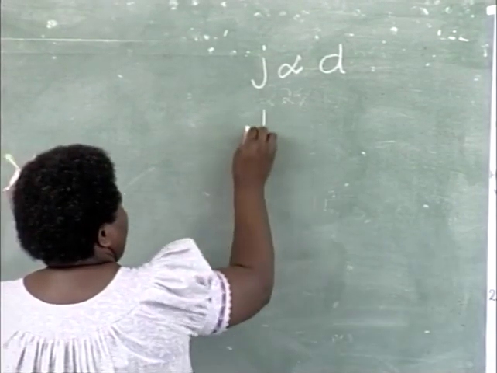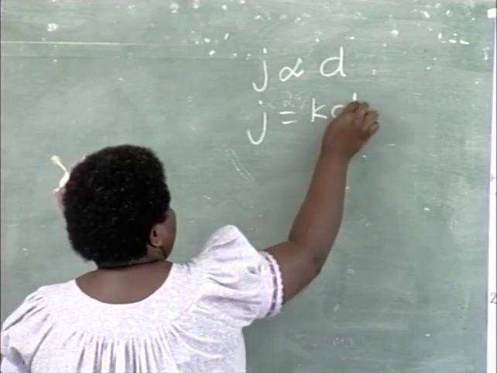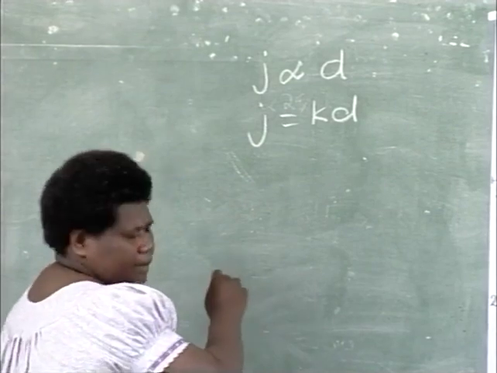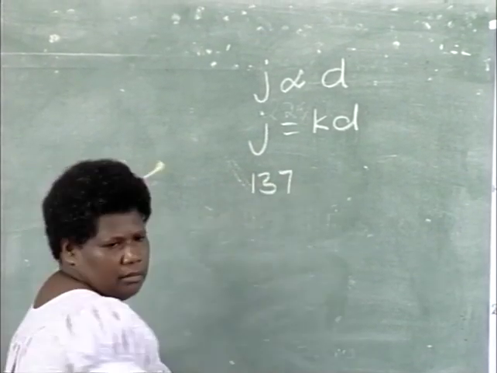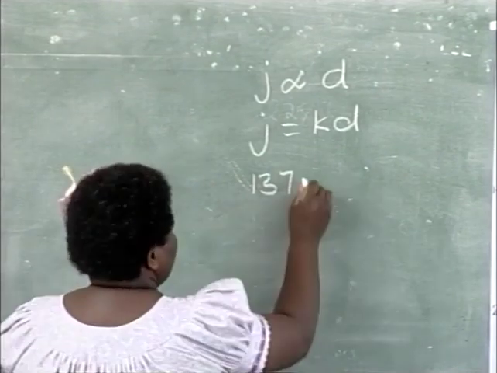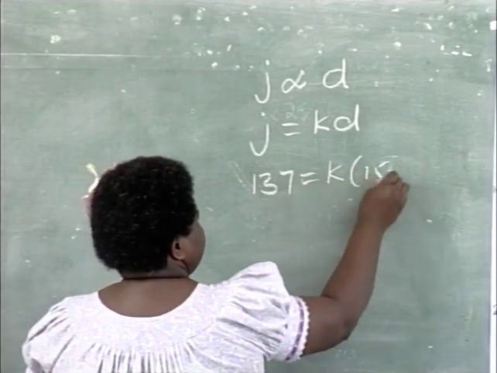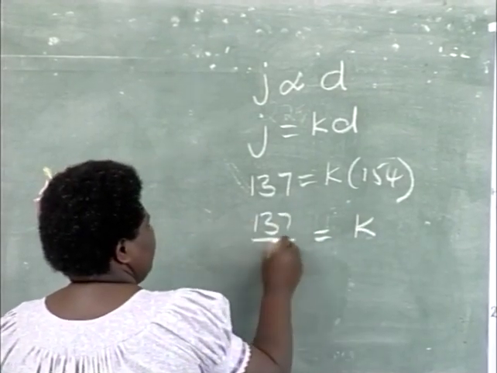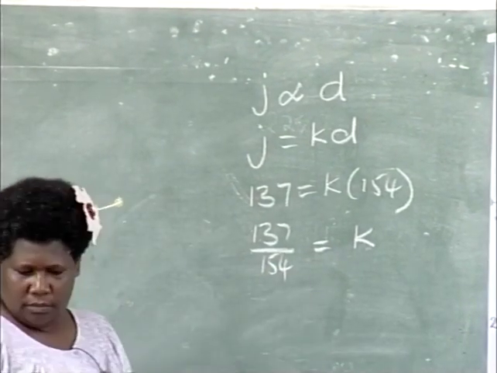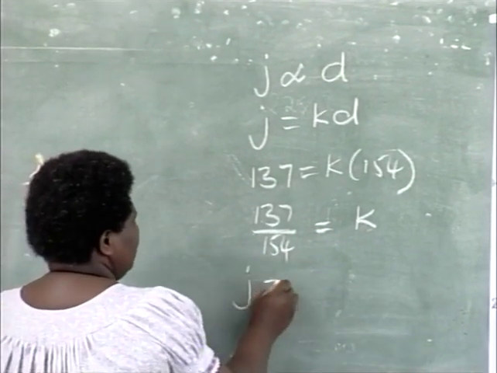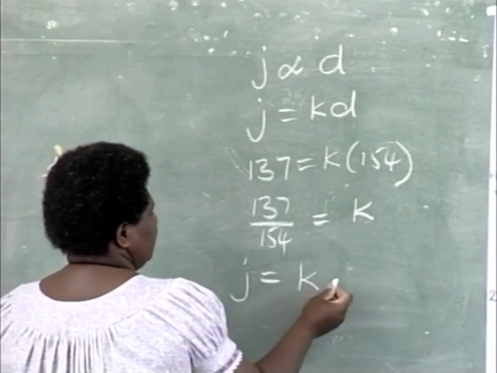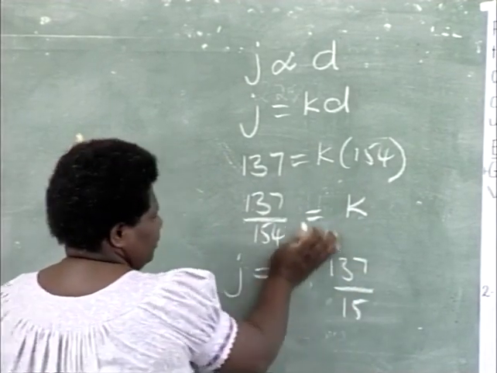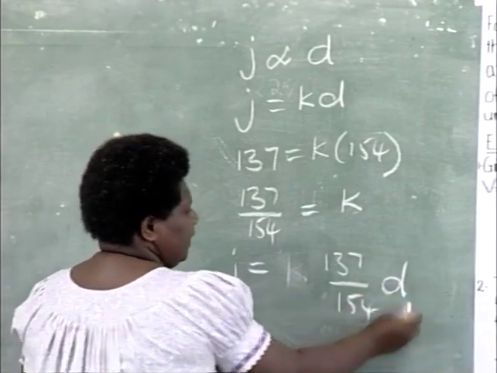So J is equal to K multiplied by D. You are told that J is 137 when D is 154, so K equals 137 over 154. So J equals 137 over 154 multiplied by D.